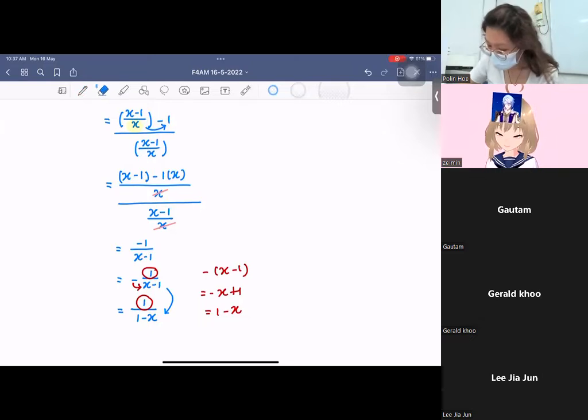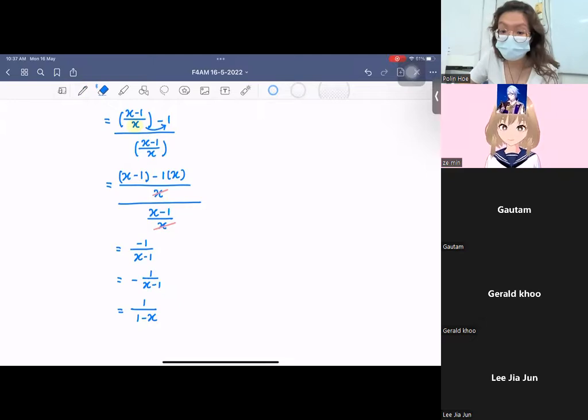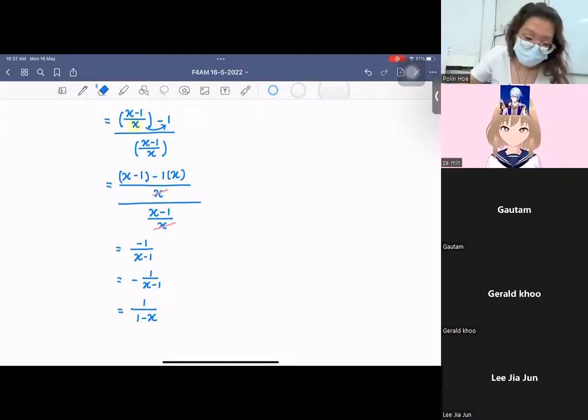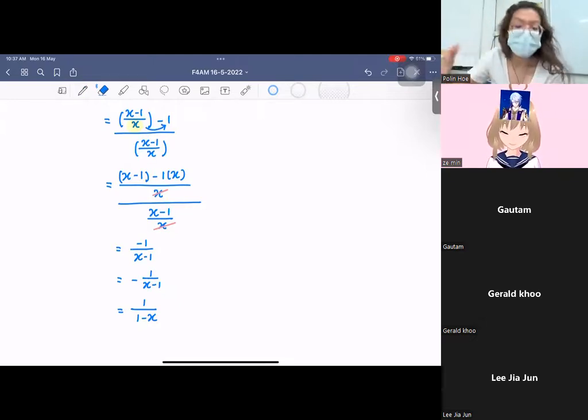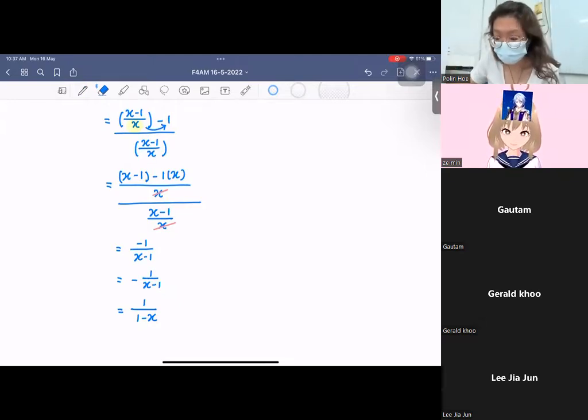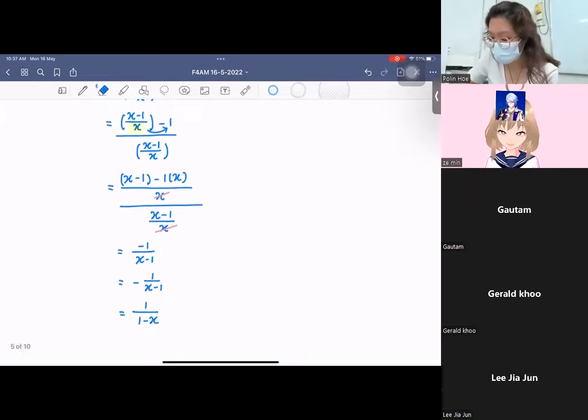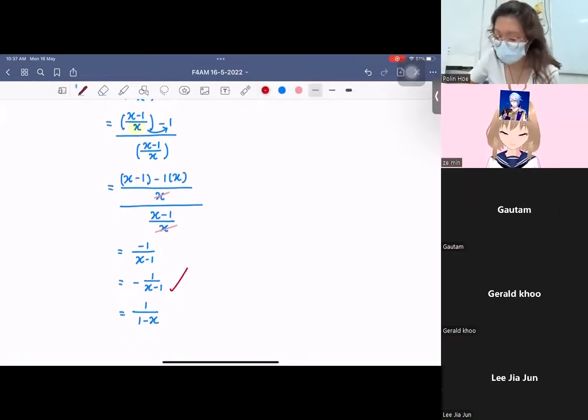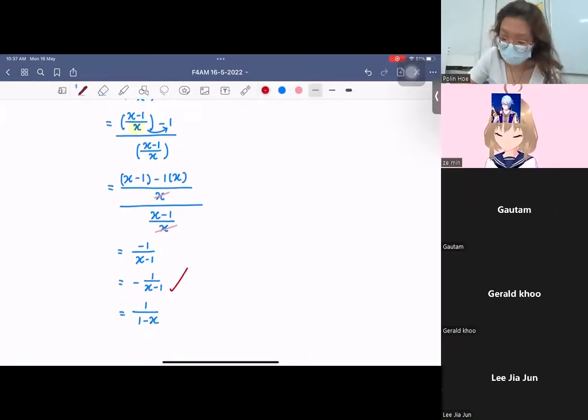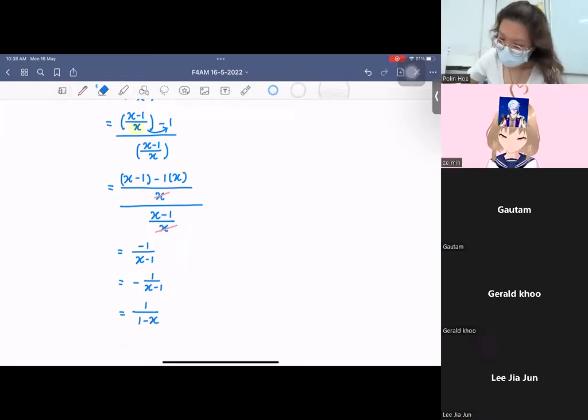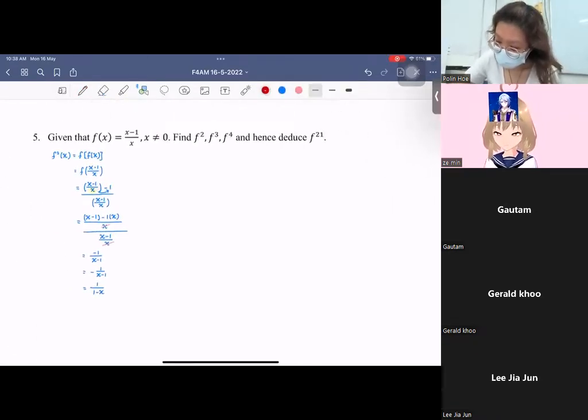If you do not want to change, also can, but it will be harder for you to do the second step when you want to find f3(x). Okay, you can still stop here, nothing wrong. But of course, for those who are sensitive enough to this, then you will change.